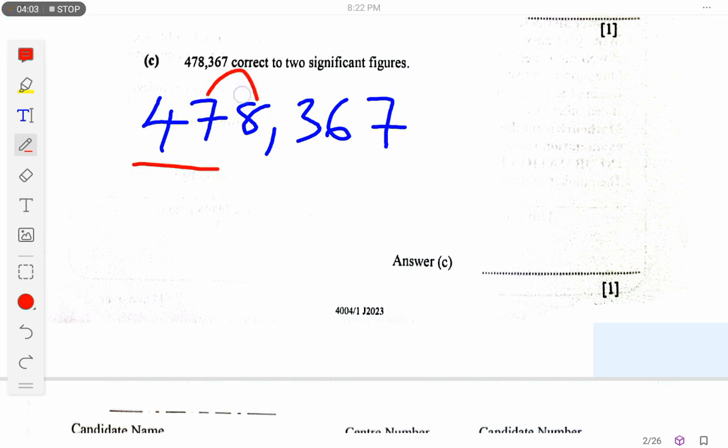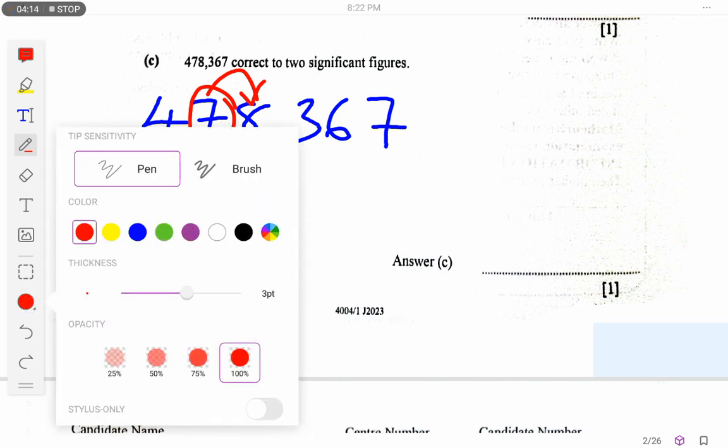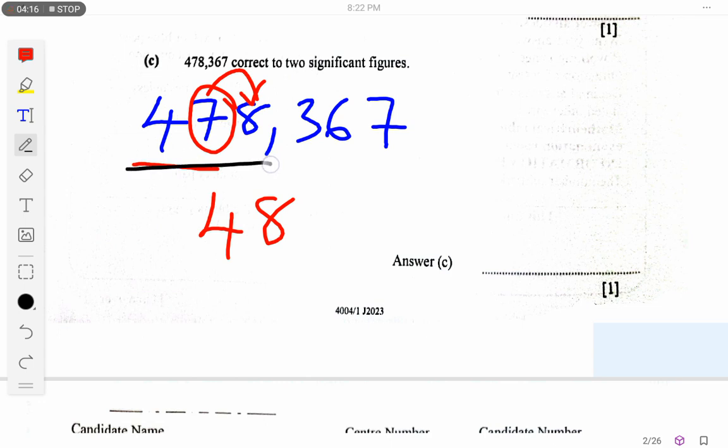So you look at the next number. Is it a 5 and above? If it is, it means we are going to change this 7 to 8. So I'm going to have 4, 8. But if you now check, our values were 3 before the comma. So we add a 0 to maintain those 3 numbers before the comma. So our answer becomes 480, like that.